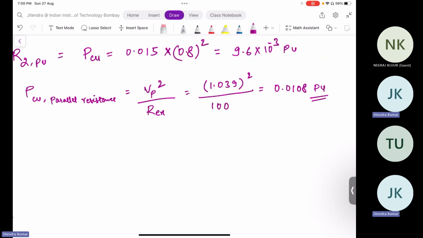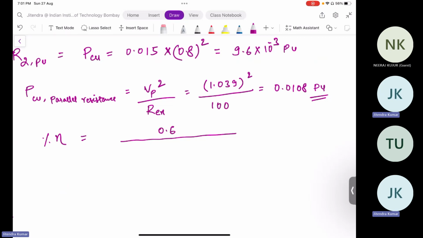So these are all the losses here. Now if I try to find the efficiency in percentage, we have output power divided by output power plus losses.